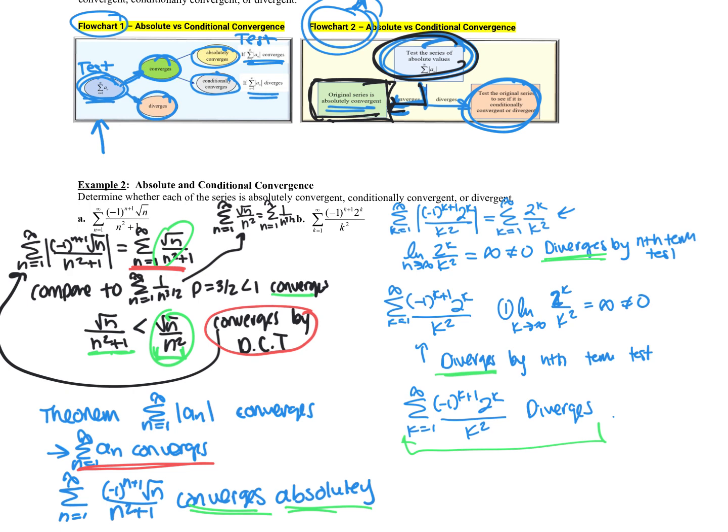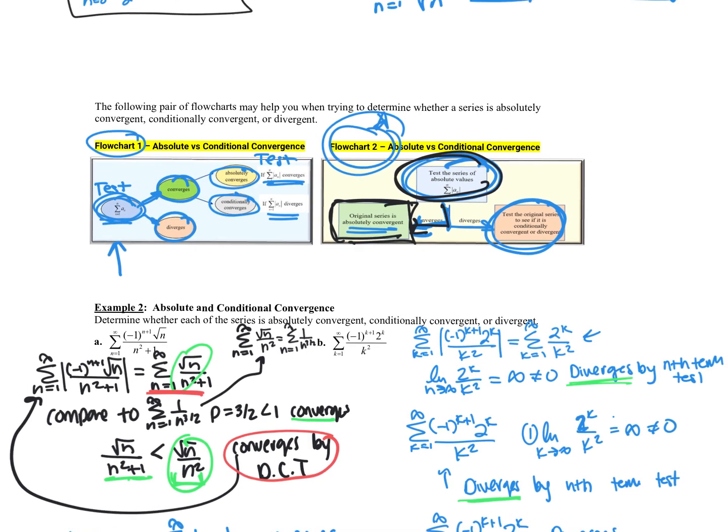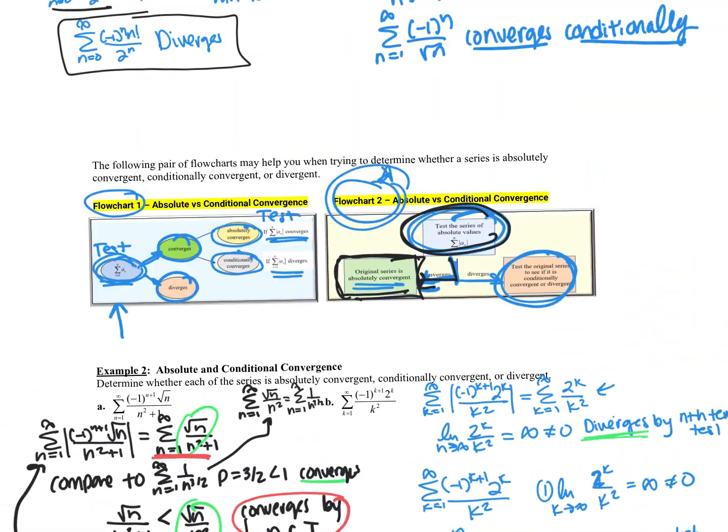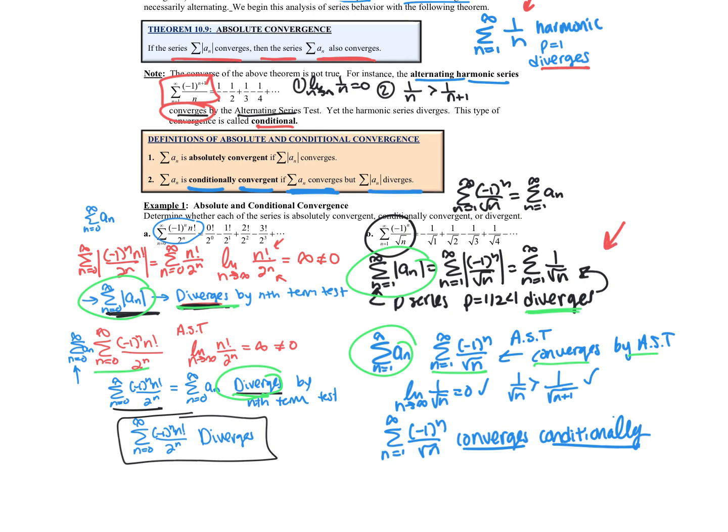One diverging, one converging means conditional convergence. And what you might have noticed in this example and from one of the other ones earlier, if you get that the absolute value diverges by the nth term test, then the original series is also going to diverge by the nth term test. But if you look back at our example that we did earlier, over here, B, this one, when we concluded that the first series, the absolute value, diverged, it was because of the P series test, not because of the nth term test.